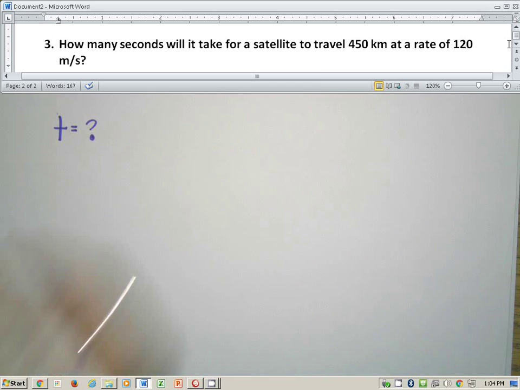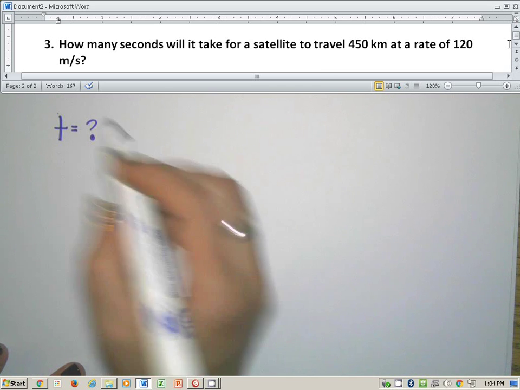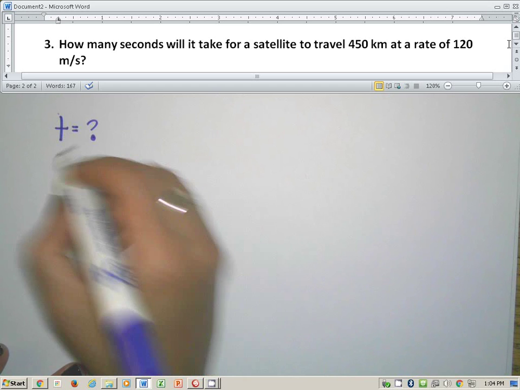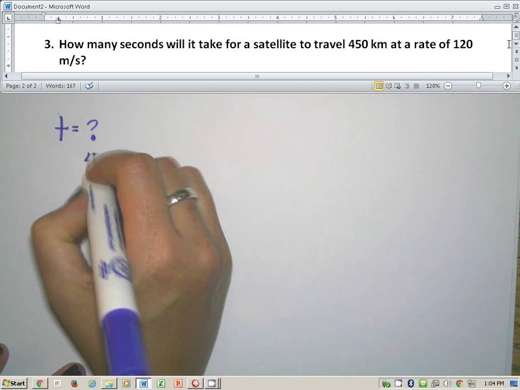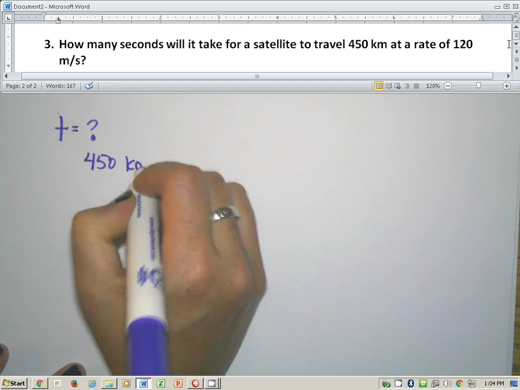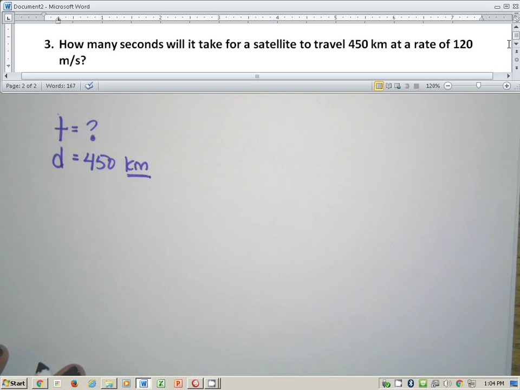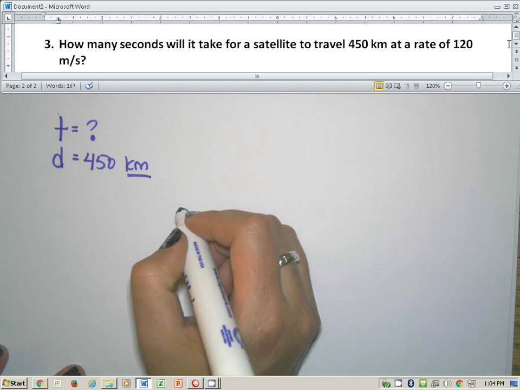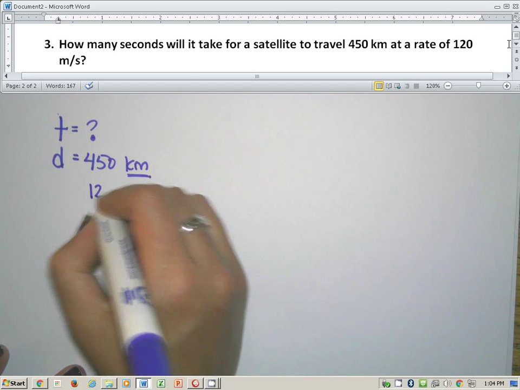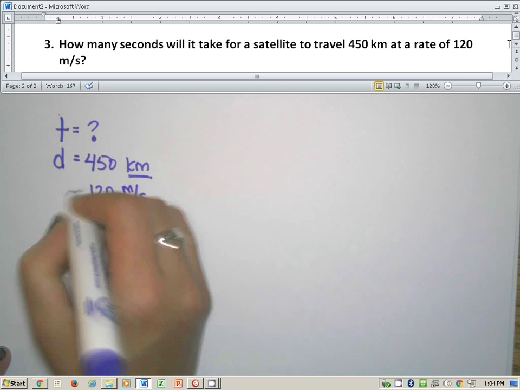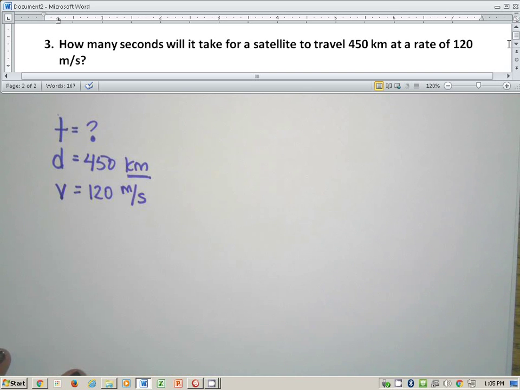And it asked me for it to travel 450 kilometers. Well, 450 kilometers, that's distance. I know that because kilometers is the unit of length. And then it says at a rate of 120 meters per second. Well, that meters per second tells me that that is my speed.